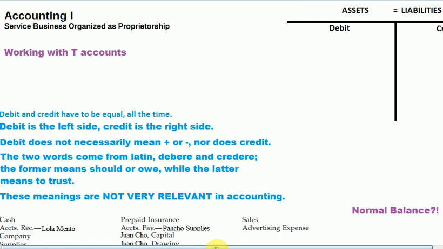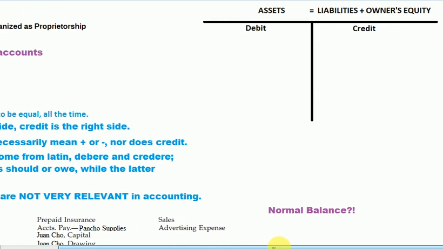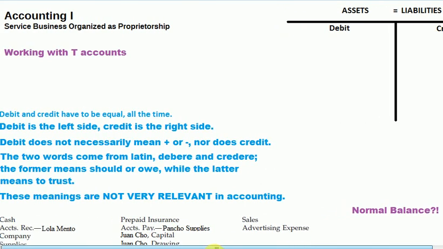Let's try to simplify. Right? In accounting, debit means left, credit means right. So that's all you have to know. Because when you think too much about owing or trusting, giving credit or having debt, that kind of concept, it is going to carry you away and you will be very confused.